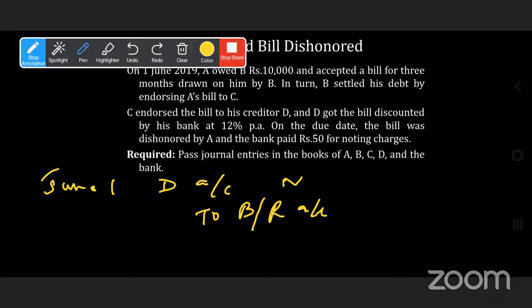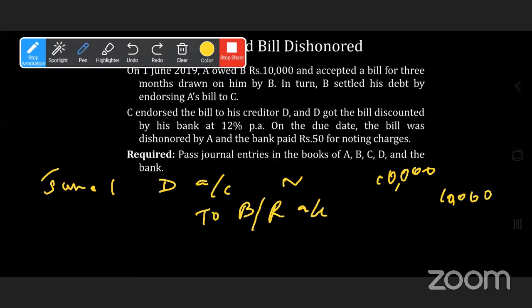The narration is being bill endorsed to D. C endorsed the bill to his creditor D. Amount 10,000. For all these transactions, you have to mention it as 10,000.